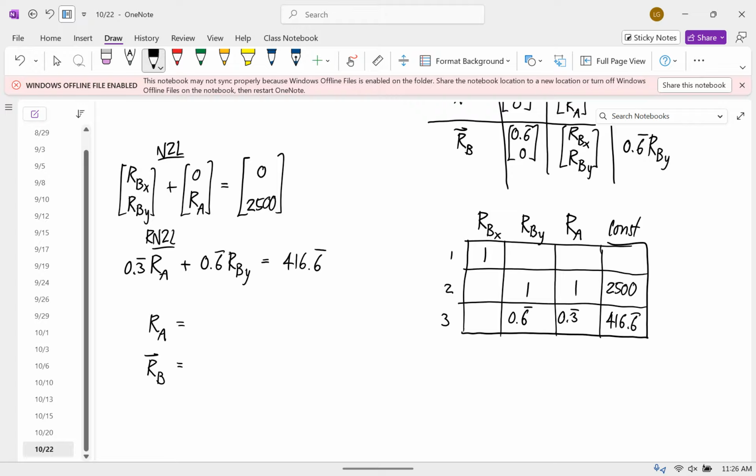And I got RA is 3749.95, and RB is 0, negative 1249.95.